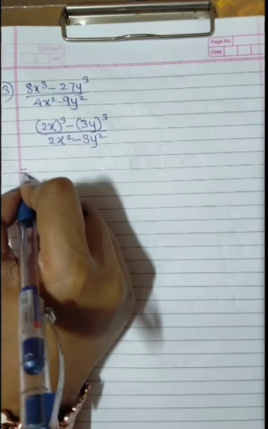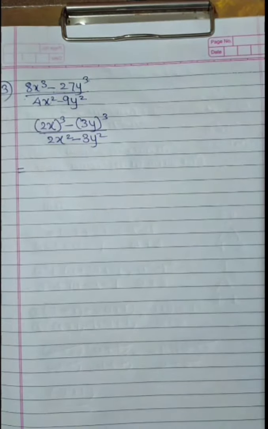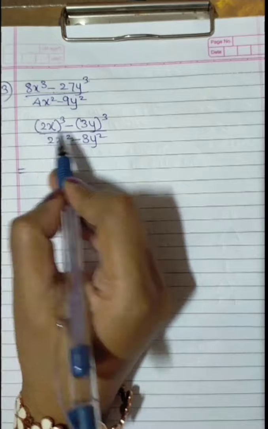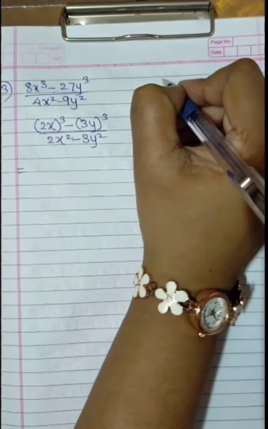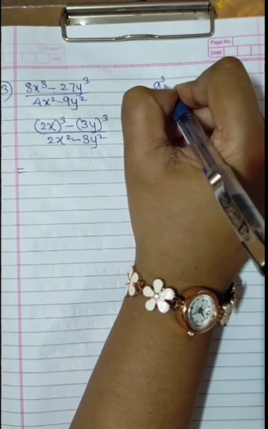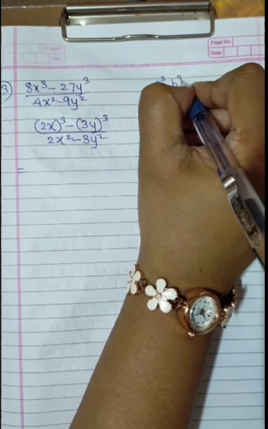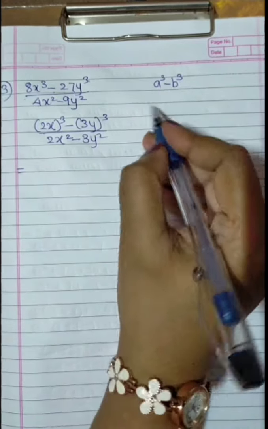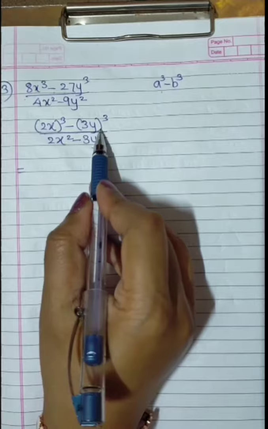Okay, now as you can see what is given? It's given a square minus b square, a formula we have to use in this.